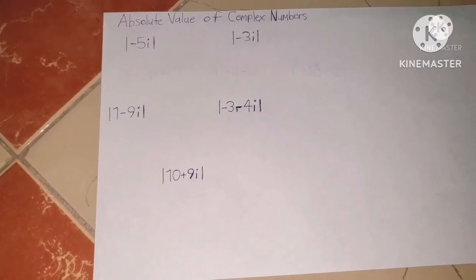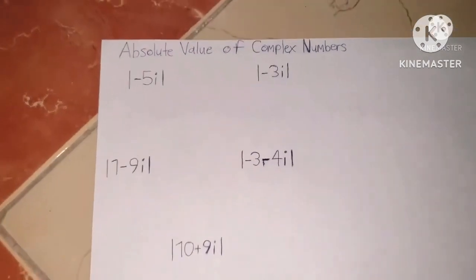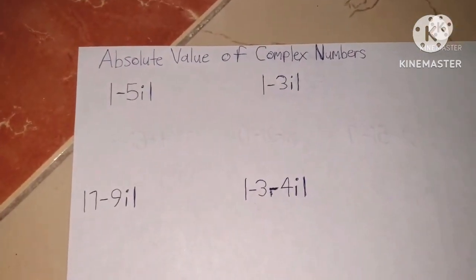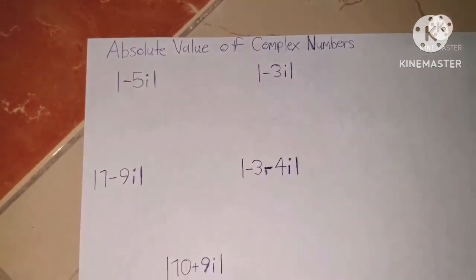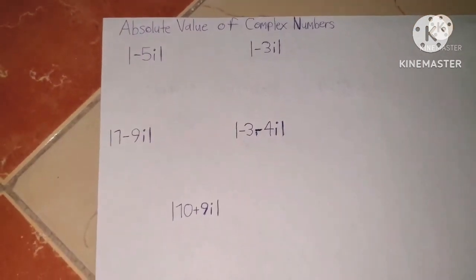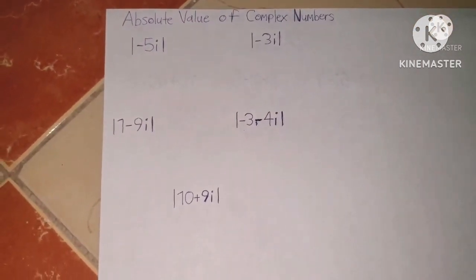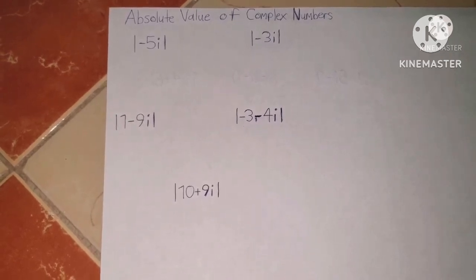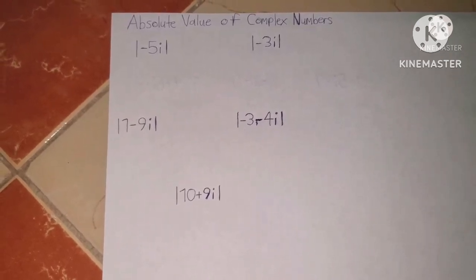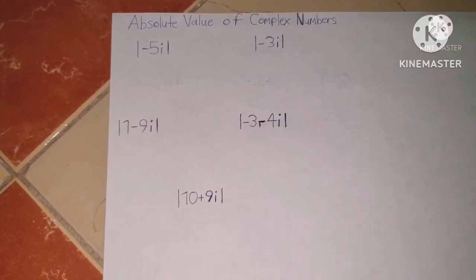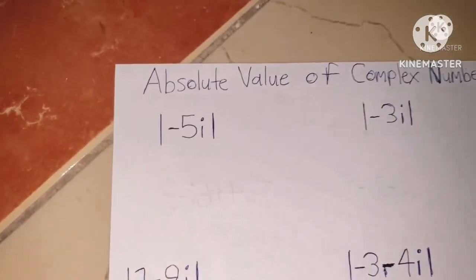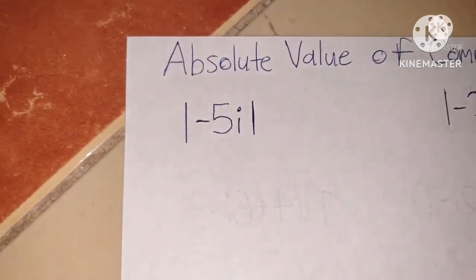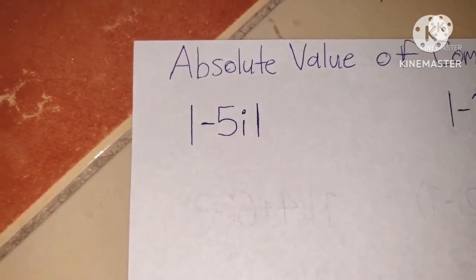What's up YouTube, today in this video I'm going to be teaching you the absolute value of complex numbers. This lesson is really easy, that I've taken this quarter, and I really enjoy solving those questions. So it's complex numbers, but this is the absolute value. Let's get into this. Okay, so here with -5i, what do you do?